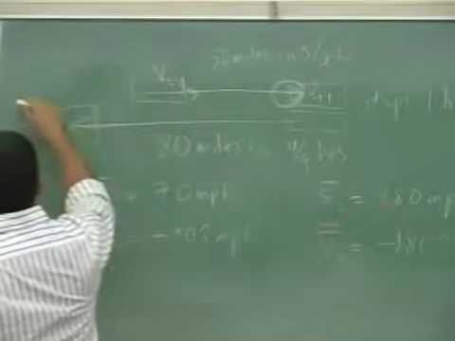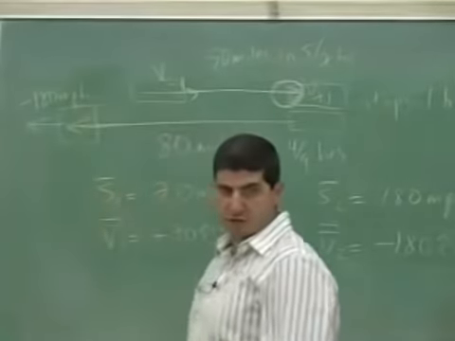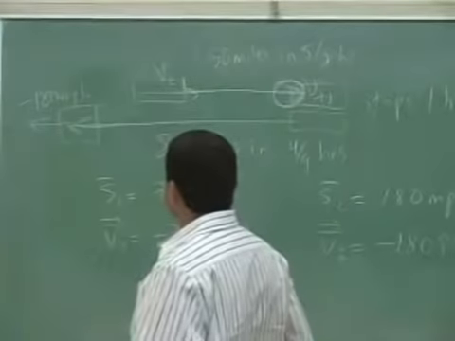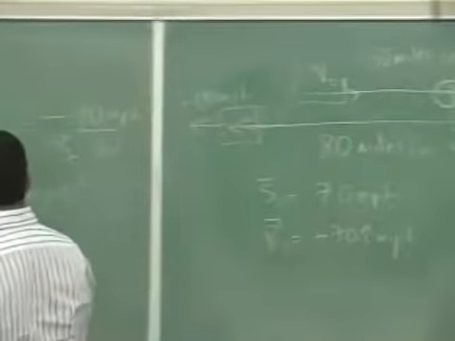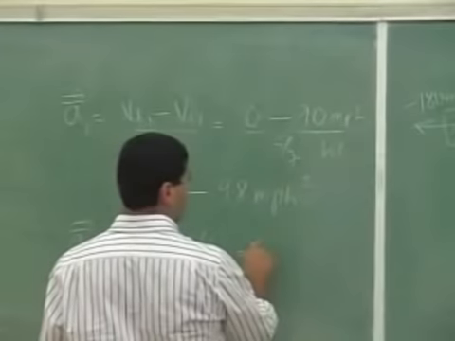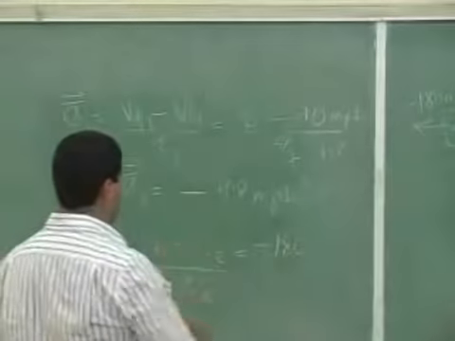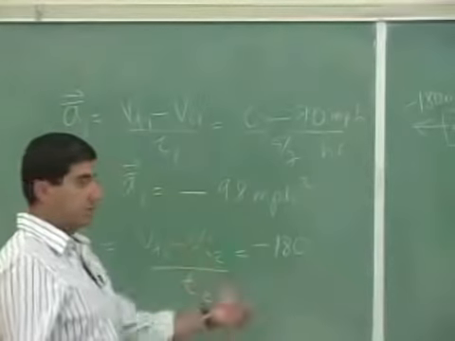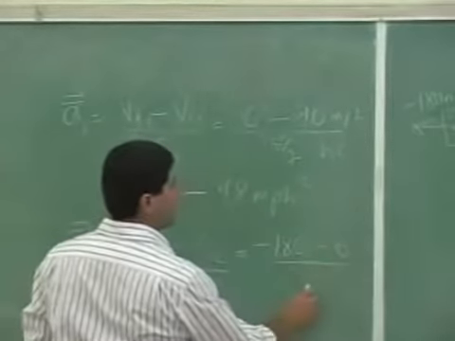So its velocity here is negative 180 miles per hour. So we stopped the stopwatch there and we don't analyze it anymore. So its velocity there is negative 180. So that's the final velocity at the end of stage 2. The initial velocity at the beginning of stage 2 is 0 because it has stopped there. So minus 0 over t2.